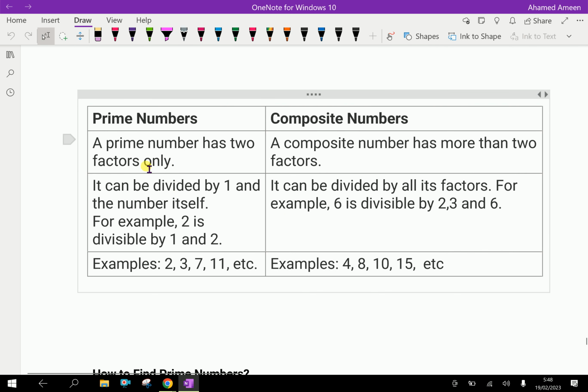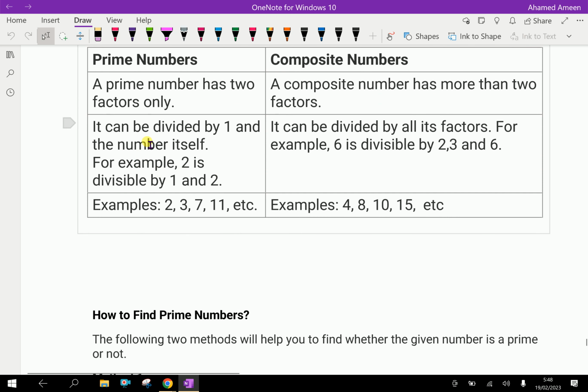Now a prime number has two factors only, that is 1 and the number itself. A composite number has more than two factors. Opposite to a prime number is a composite number. Prime numbers can be divided only by 1 and the number itself. For example, 2 is divisible by 1 and 2, but a composite number can be divided by all its factors.